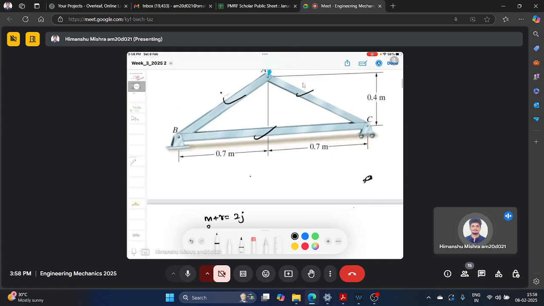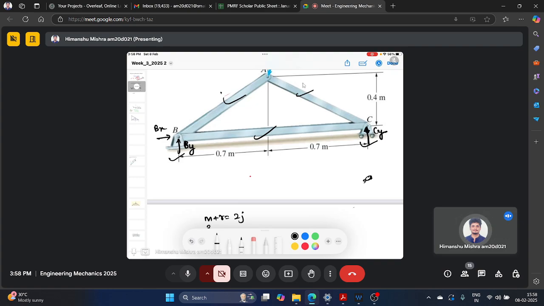Then we need to count the number of reaction forces. We have a pin joint here and a roller joint here. In the pin joint we will have two components of reaction force, Bx and By, and in the roller joint we will have only one component, Cy.